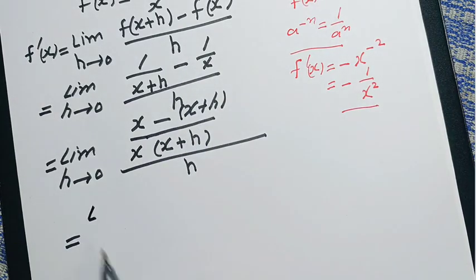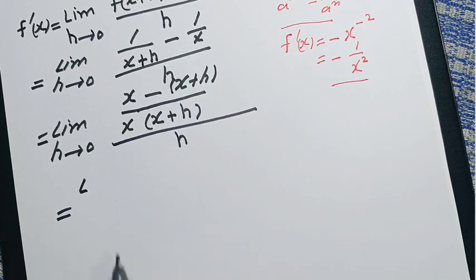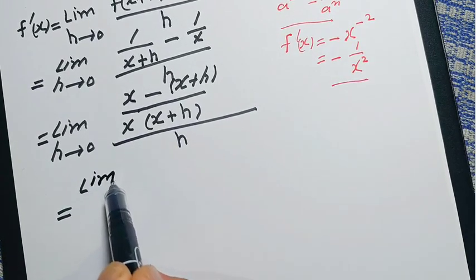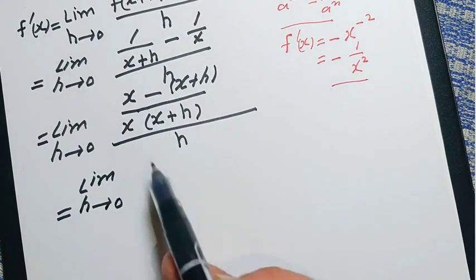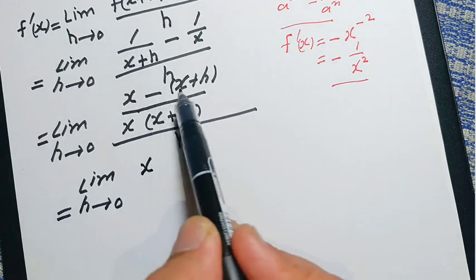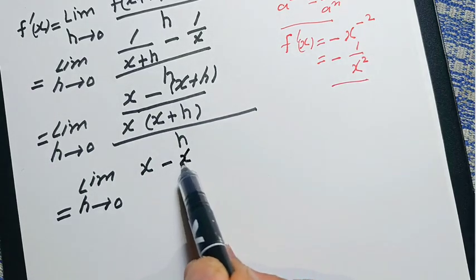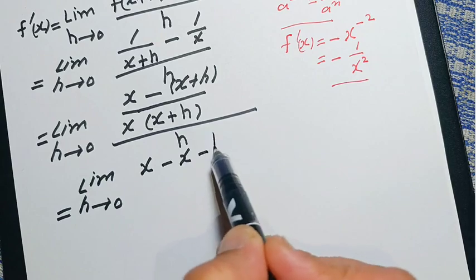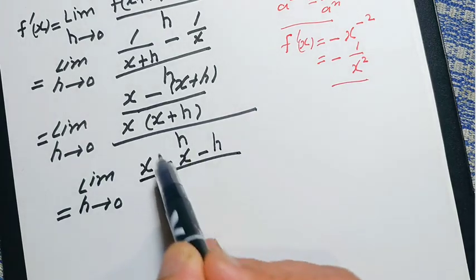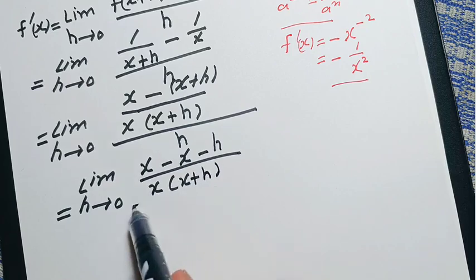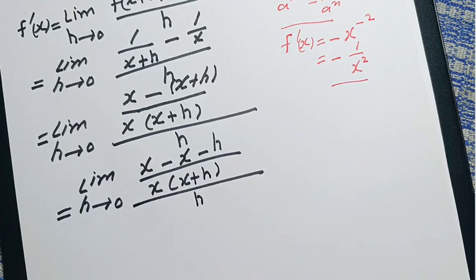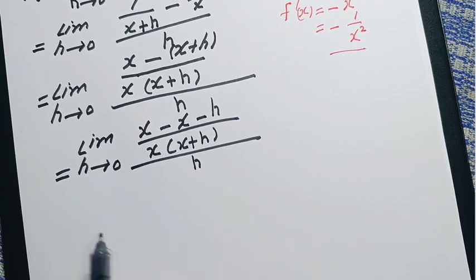Now, as h approaches 0, this negative must go inside: negative x, and negative and positive again gives negative h, over x times x plus h. Don't simplify anything, leave it just like this, over h.